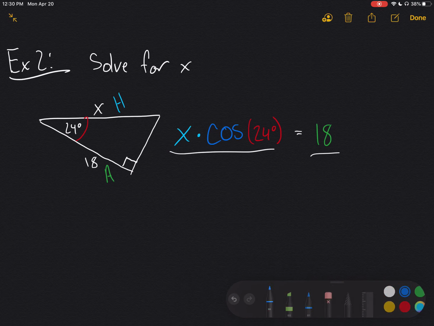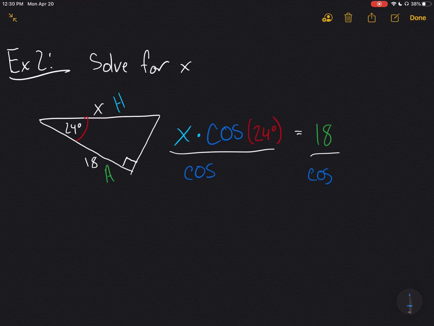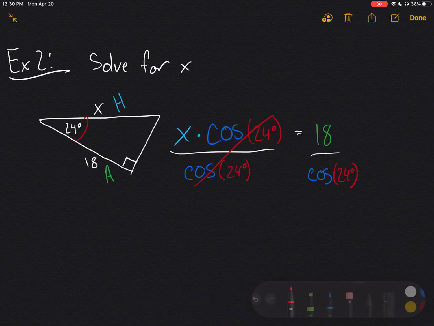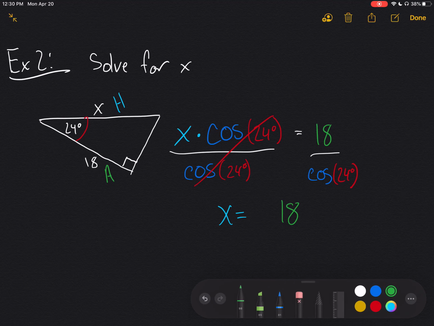Now I'm allowed to do this because the cosine of 24 is just some number. We haven't calculated it yet, but really the cosine of 24 is just some number like 10 or 11, right? We can add it, subtract it, multiply it, divide it, and so that's exactly what we're going to do. And on the left side, it cancels out, and so what we're left with is x is equal to 18 divided by the cosine of 24.